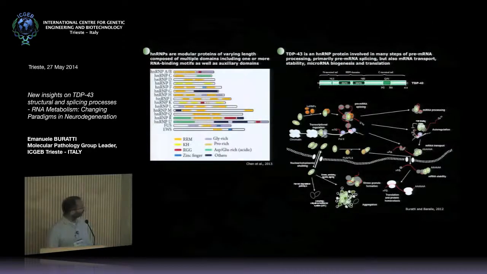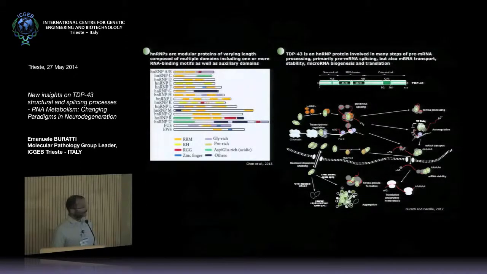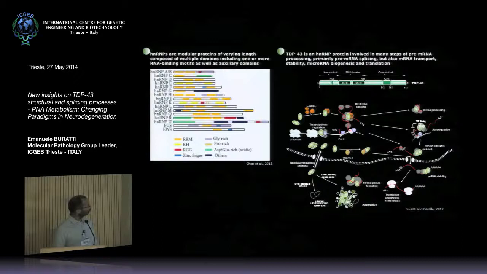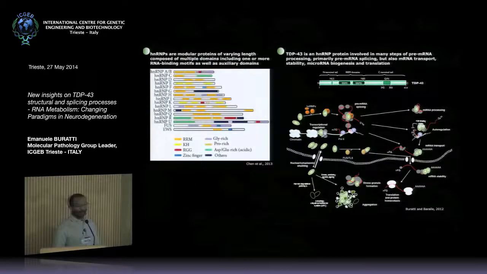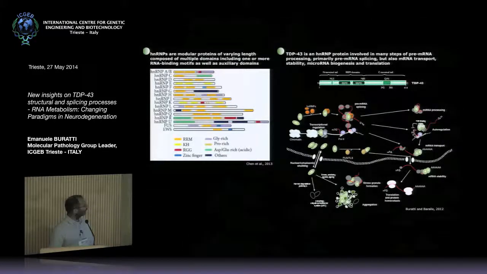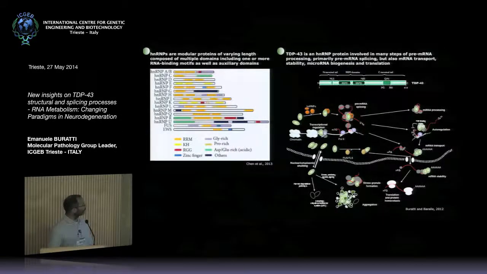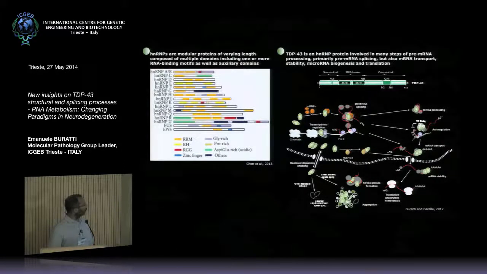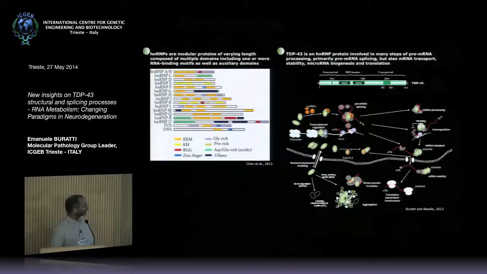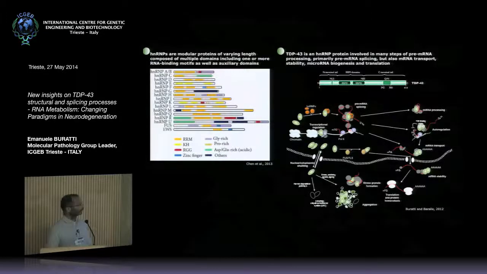And so now, almost 30 years later, we know that the hnRNP proteins, named from A to U, are a class of very heterogeneous polypeptides of highly variable length, but they are all characterized by several features. First of all, there is the presence of one or two RNA binding domains, and then normally several regions that are glycine-rich, proline-rich, glutamine- and asparagine-rich, and these regions are almost always involved in protein-protein interactions.